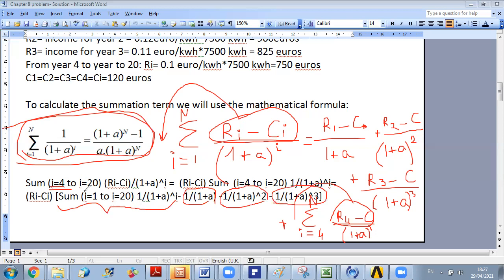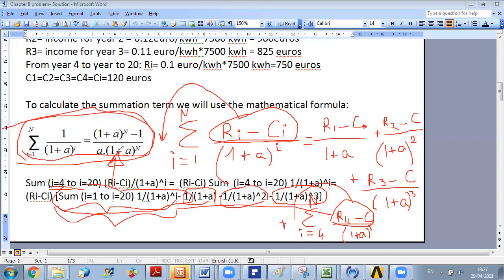So if you want the sum from just 4 to n, you take the whole summation first and then subtract the 3 first terms. In this way, you can replace this term, the summation from 1 to n, by the mathematical formula.